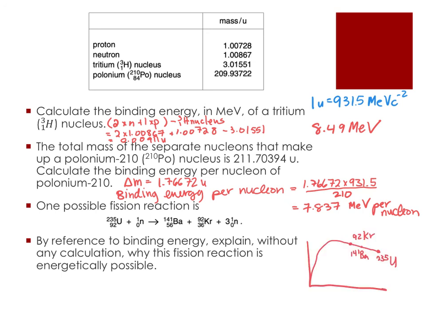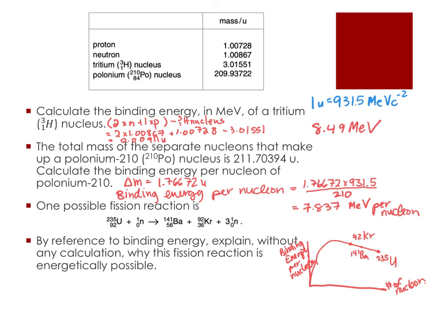Now, in this case, I actually would suggest that you draw the graph that we keep referring to, the binding energy per nucleon. Don't forget to label the axes. Even though it doesn't ask for a diagram, you can do diagrams to support your answer. But if I just left it like that without any words, I wouldn't actually get any marks. But it's going to help explain my response. So I would suggest you include it.